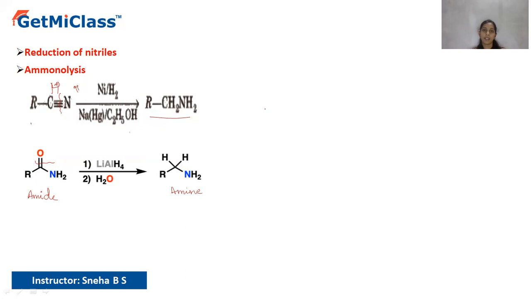If we have ammonia and we treat it with an alkyl halide, successive replacement of hydrogen in ammonia by the alkyl group takes place. So here you are going to get RNH2. A primary amine is formed.